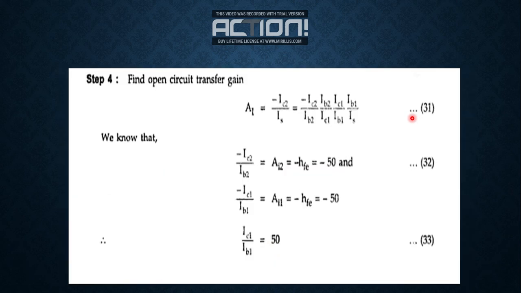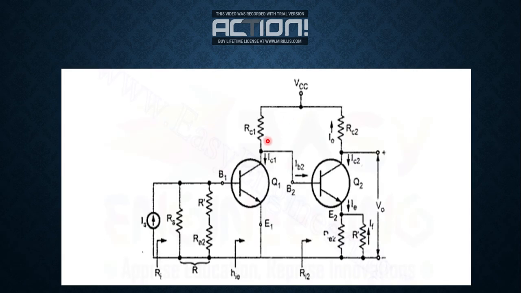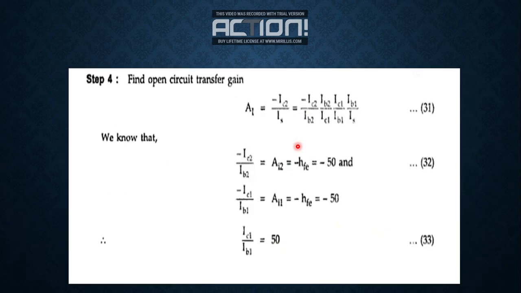In that table we have to find out the AI, that is the amplifier gain, which is nothing but output current by input current. We can't directly find it easily because it involves two transistors, so we have to do certain things to calculate, because we have to solve them using known values only.